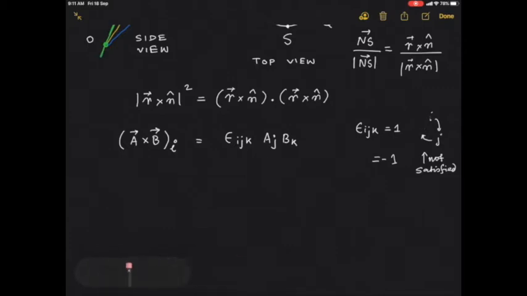Which essentially means that, instead of saying that, I should say 1 to 3 here. So epsilon 1 2 3 is 1, so is 3 1 2, or so is 2 3 1. But if I instead write epsilon 1 3 2, which is the other way, then it will be -1. And this is 0 if any index is repeated.